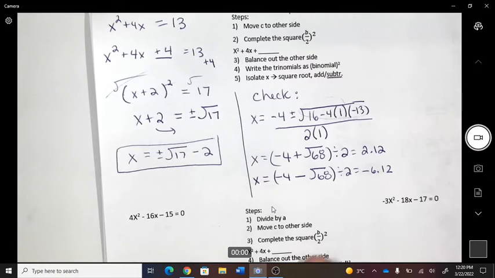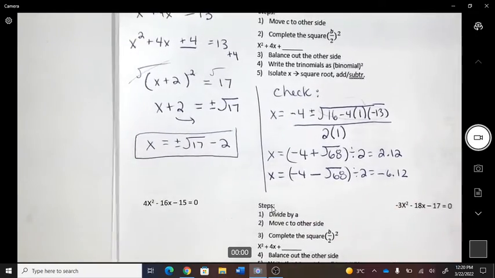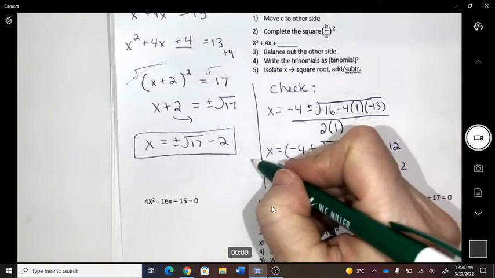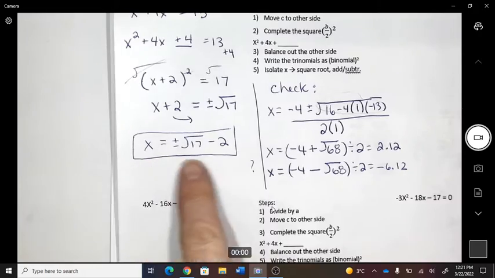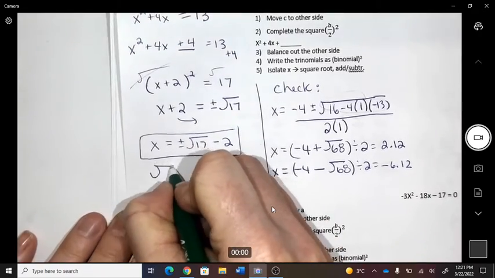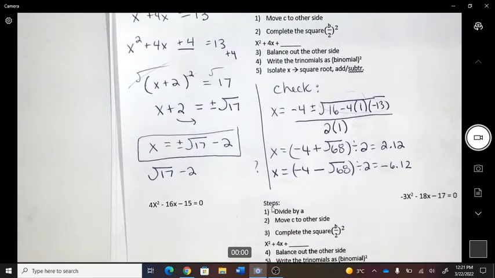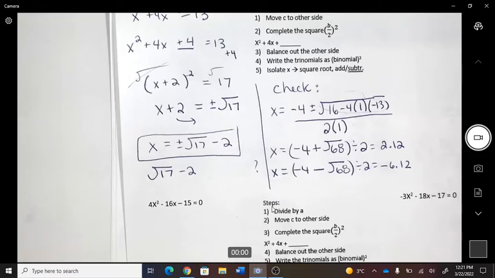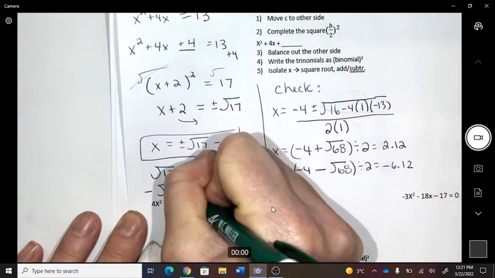Are we looking the same? This is okay? That's what we did yesterday. Now, does that match? Let's turn this into a decimal just to see if it matches. Normally I would just get you to stop there. Can you type this into your calculator? Root 17 minus 2. And then can you go negative root 17 minus 2?